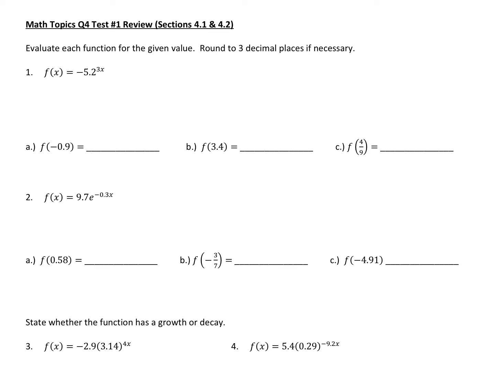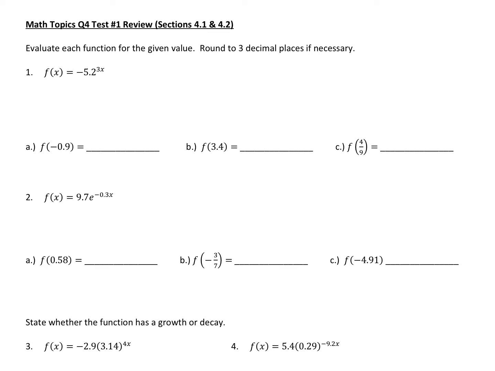Your first question tells you to evaluate each function for the given value, round to 3 decimal places if necessary. For number 1, you have f of x is equal to negative 5.2 to the power of 3x. For a, we're using negative 0.9, so it's going to be negative 5.2 to the power of 3 times negative 0.9.